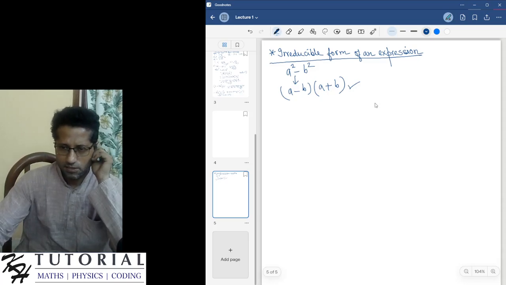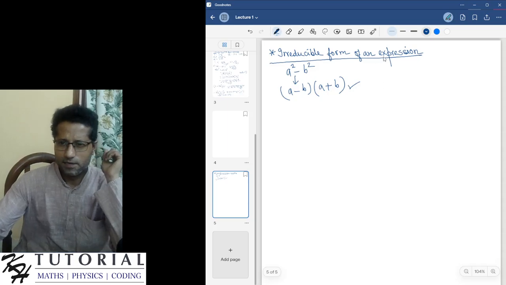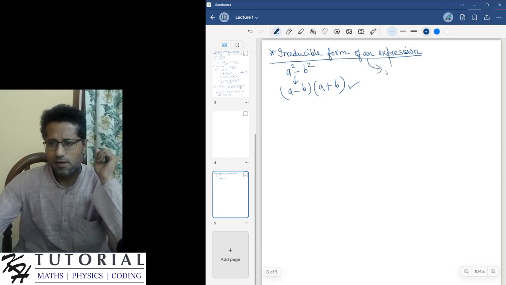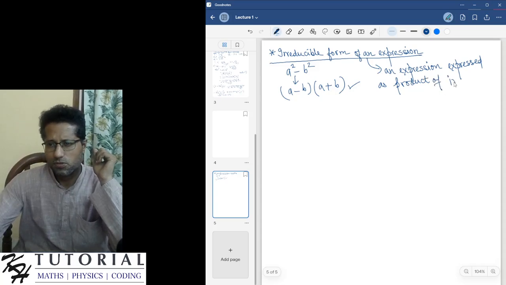So what is an expression in irreducible form? This basically is an expression expressed as a product of irreducible factors.